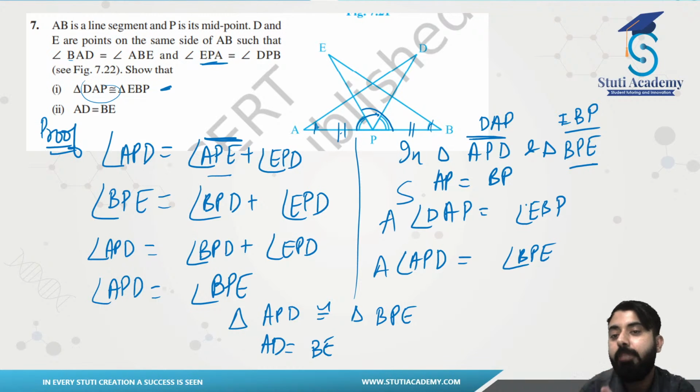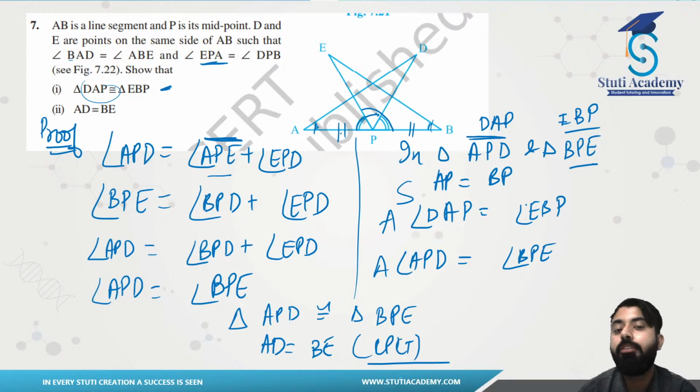We have taken the same triangles, but we have named them differently, but the triangles are same. You can say ADP, APD or DAP, all three different names mean the same thing. So that will be the important thing to note here. You can name them accordingly, but your whole result will be same. AD is equal to BE, which is CPCT.